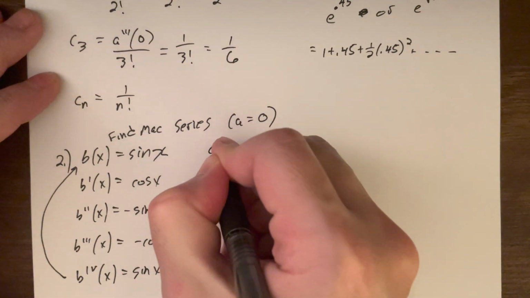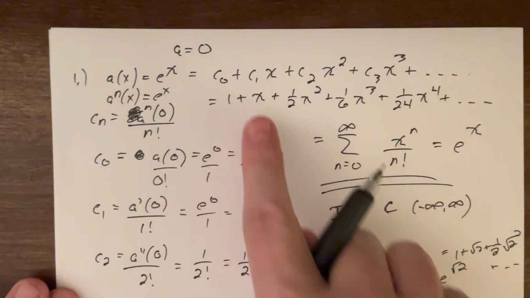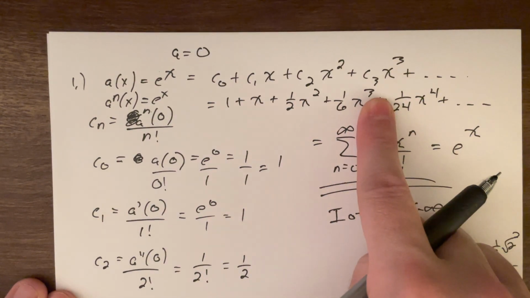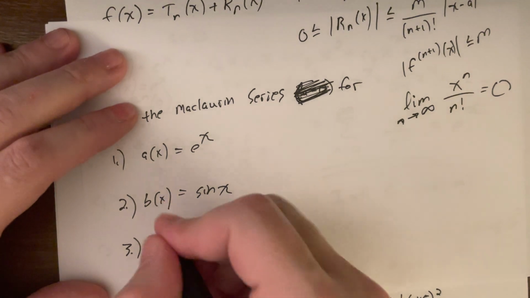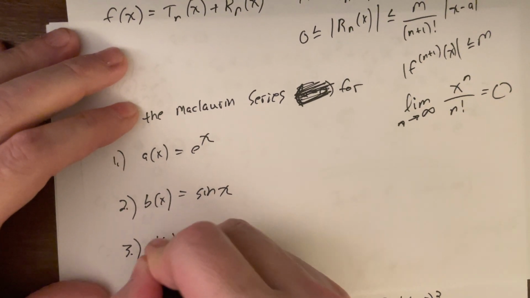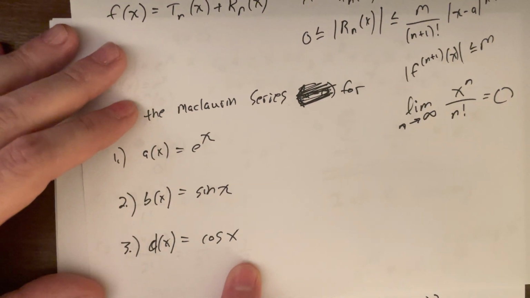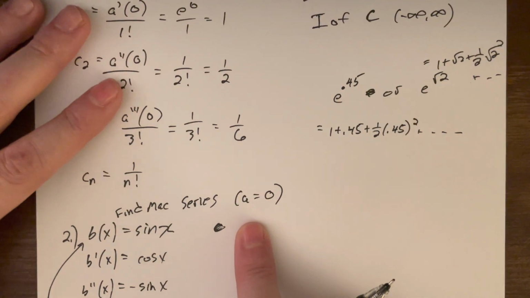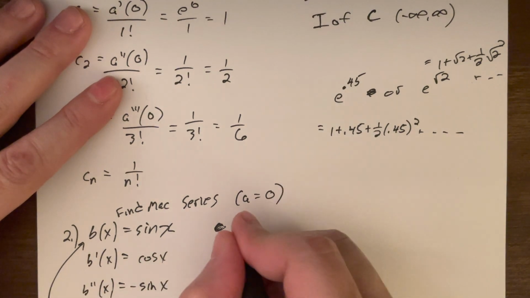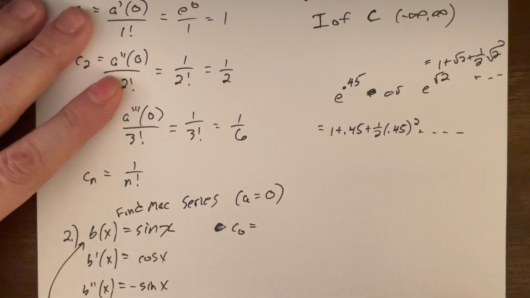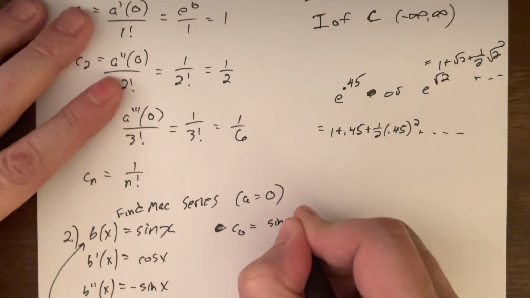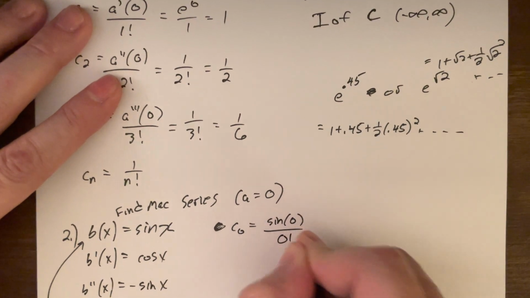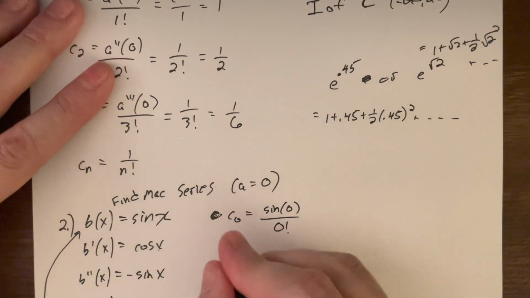So when I look at c, remember, c is literally being used for the coefficients. So just when we come back in a few minutes, so we don't confuse the letter c, we'll make this function d of x. So we don't have c and d mixing together here. So d of x will be cosine. But right now, for function b, the first coefficient would be the original function evaluated at 0 over 0 factorial.